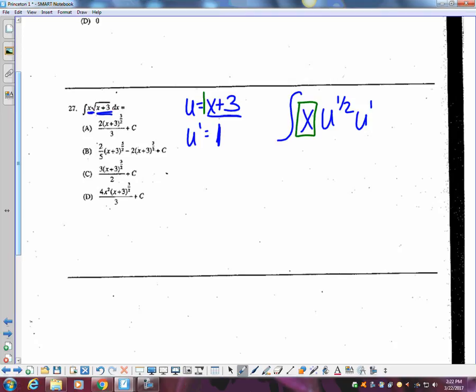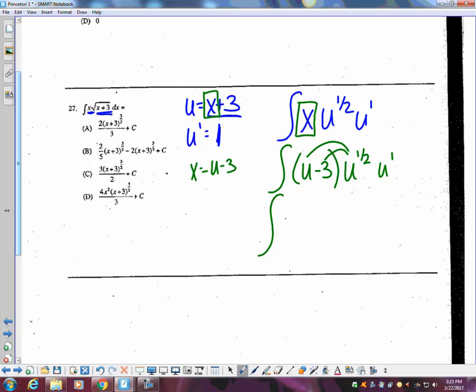Okay, but look. Can I solve that for x? x would equal u minus 3. So if I plug in my u minus 3, then that's my u prime. And then I can distribute. When you multiply, you add your powers. So 2 over 2, 3 over 2, minus 3u to the 1/2. And all that's times u prime.